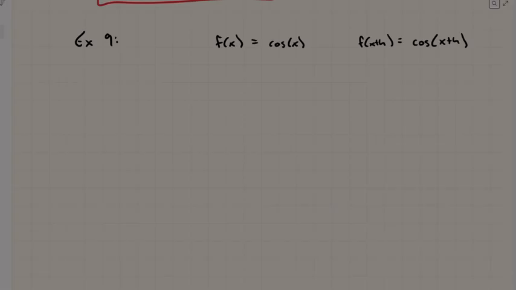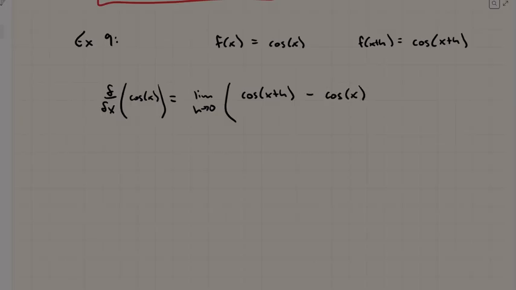Now we're ready to put in our derivative formula. So the derivative of cosine of x is equal to the limit as h approaches 0, f of x plus h minus f of x divided by h.